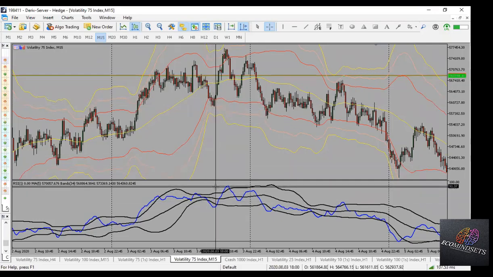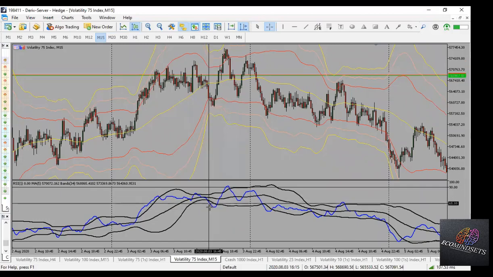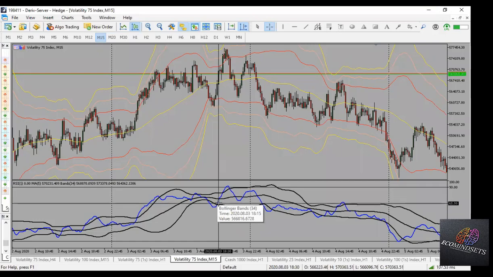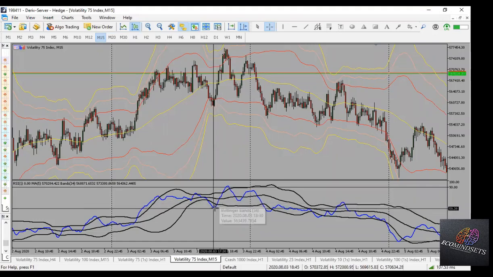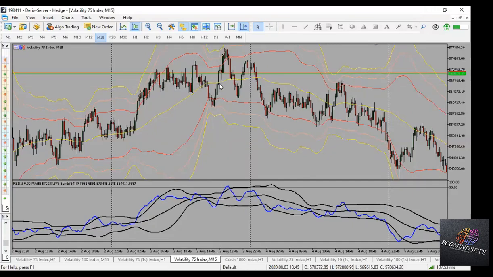Now, when you come down to the indicator window, you can see our blue moving average breaking the lower Bollinger Band and now moving back and breaking it upward to move back into the channel. That is what is confirming our entry. So we would have entered this market on this candle, and then we ride it at least up toward our middle. You scalp that one, and then you are out.